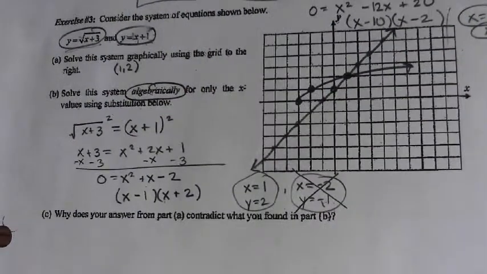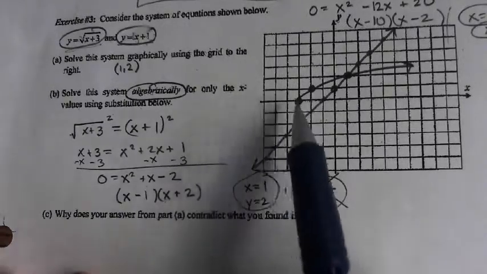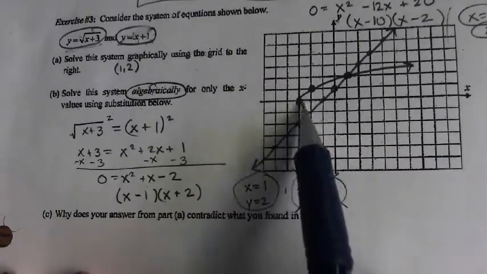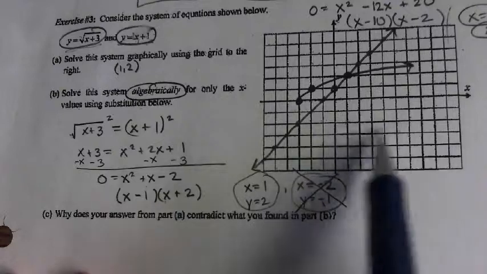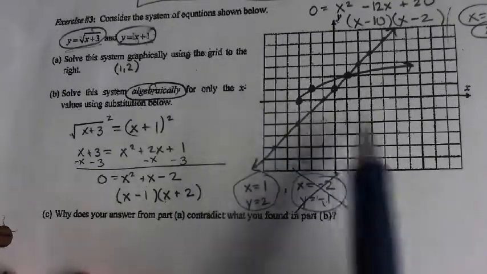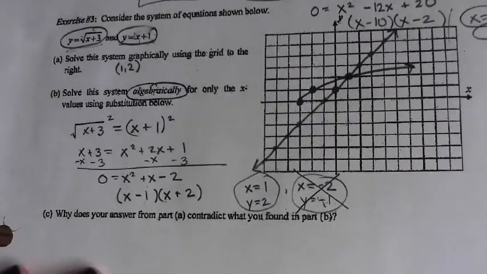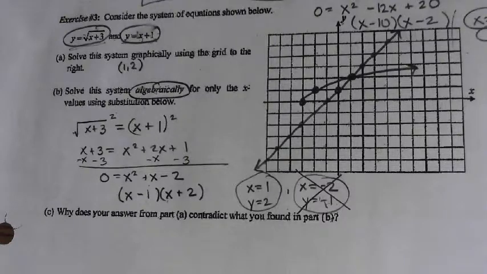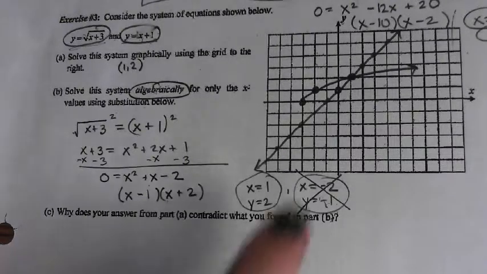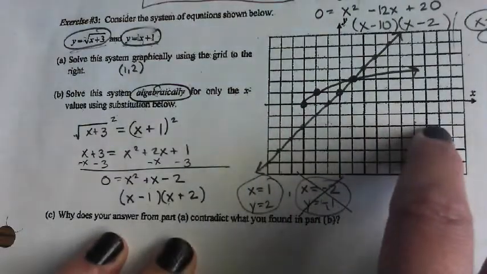That we reject. Truthfully, if we gave this radical the bottom side of it, that second point is where it would have crossed. But that radical has got to be a function, so it's not going to wrap back around. All right?